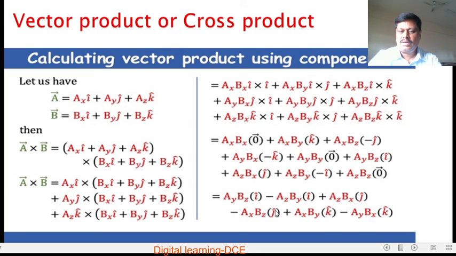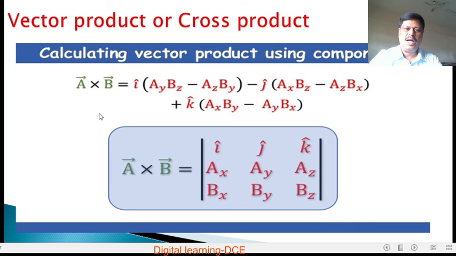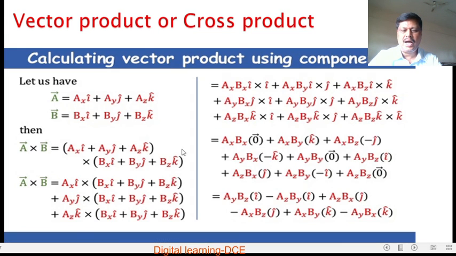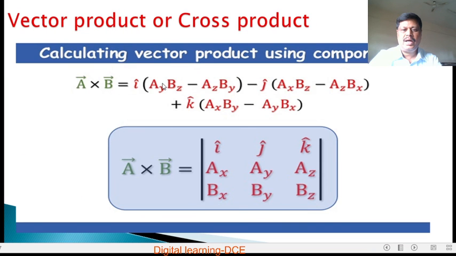Take the i terms to one side, the j terms to one side and the k terms to one side, and simplify. We get a cross b is equal to, taking i as common, i into (ay bz minus az by). Similarly, taking j as common, we get (ax bz minus az bx), and taking k as common, (ax by minus ay bx).